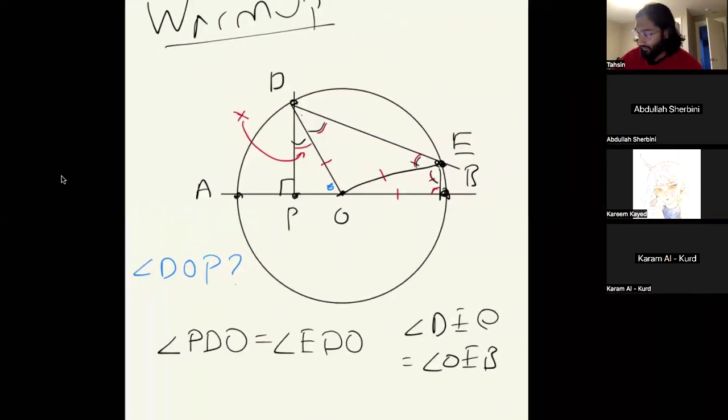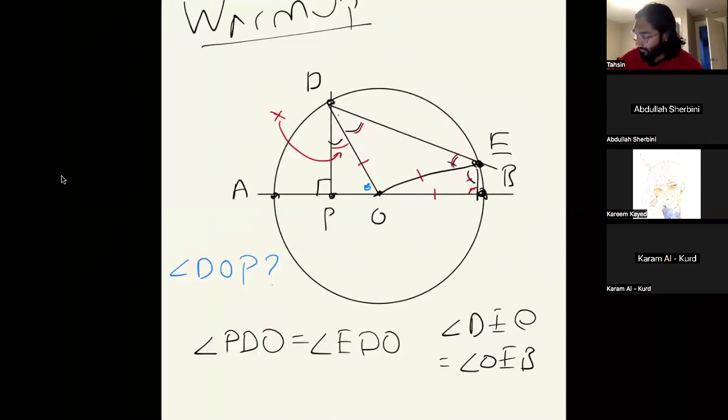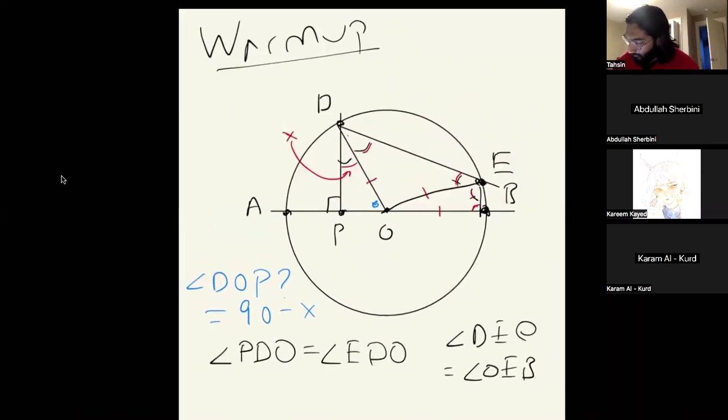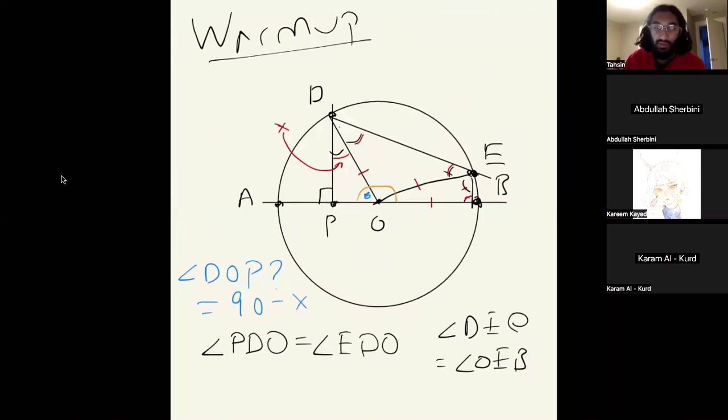Okay, and then what is DOP? 90 minus x. Okay, and now your idea is to solve for this one, this here is 180, so you want to solve for that one. Yeah. Okay, good.